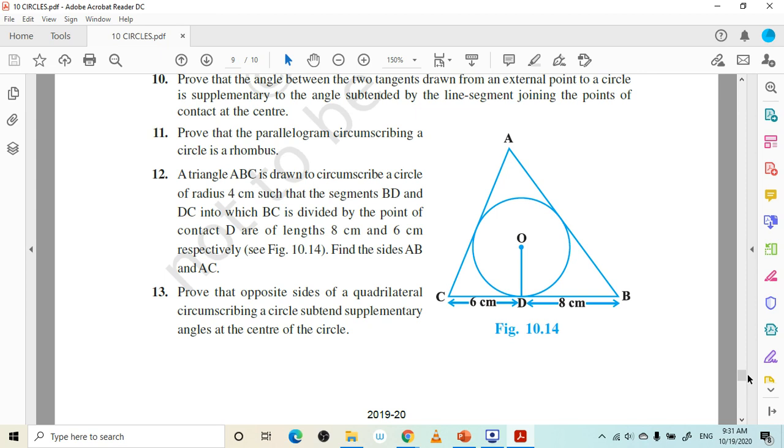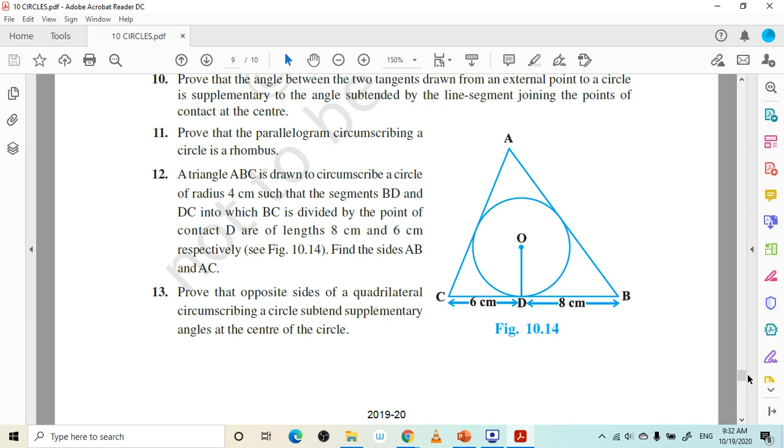This is actually a 5 mark question, and almost 1.5 pages will be filled. Generally from this chapter, 3 mark questions come, not 4 or 5 mark questions.